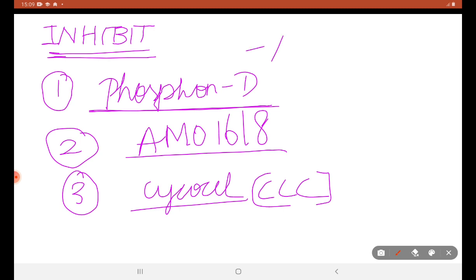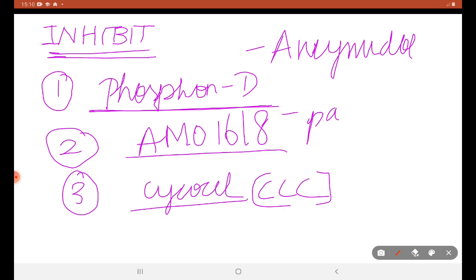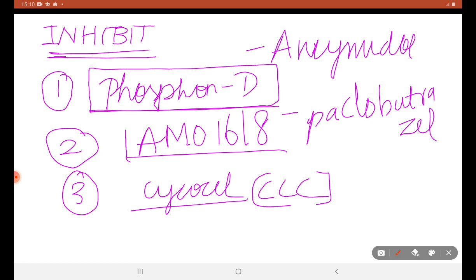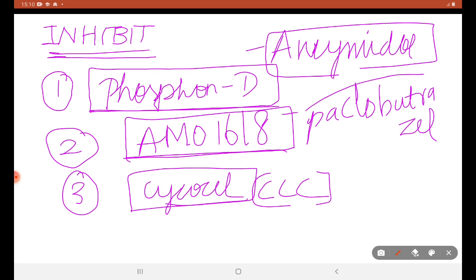Next thing is ancymidol. Last thing is paclobutrazol. So Phosphon D, AMO 1618, cycocel, ancymidol, paclobutrazol are the various inhibitors of gibberellic acid.